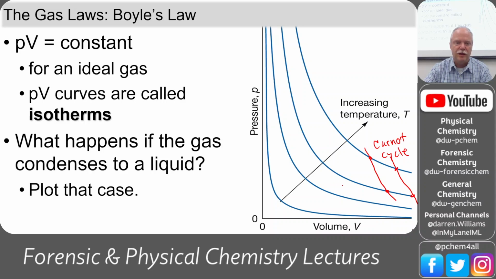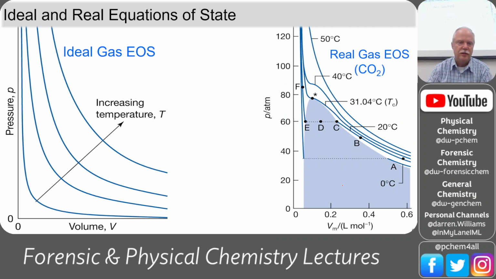And so what happens if the gas condenses to a liquid? Let's plot that case, okay? So here on the next slide, let's pretend that at this point here, we form a liquid. And this is the vapor pressure.